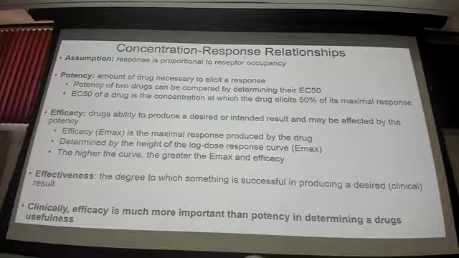That is the amount of drug needed to produce therapeutic effect, and the efficacy is the effect of the drug. And so if we're looking at more than one drug, we compare the potency by looking at a drug's EC50. And so clinically speaking, a drug's efficacy is more important than a drug's potency.